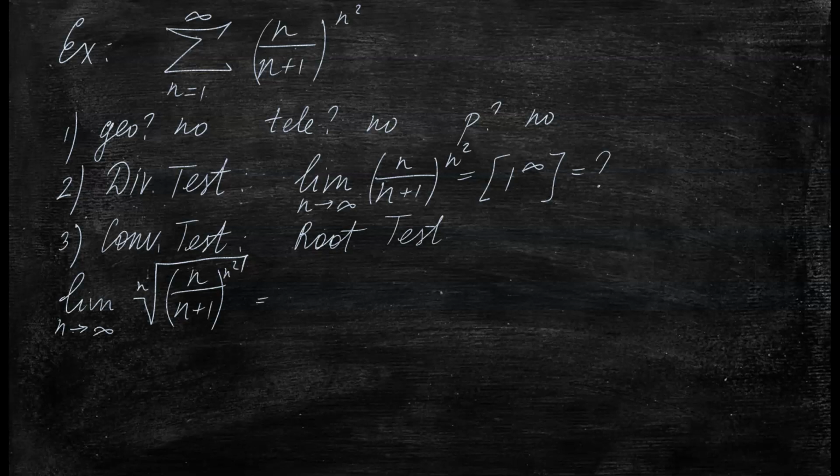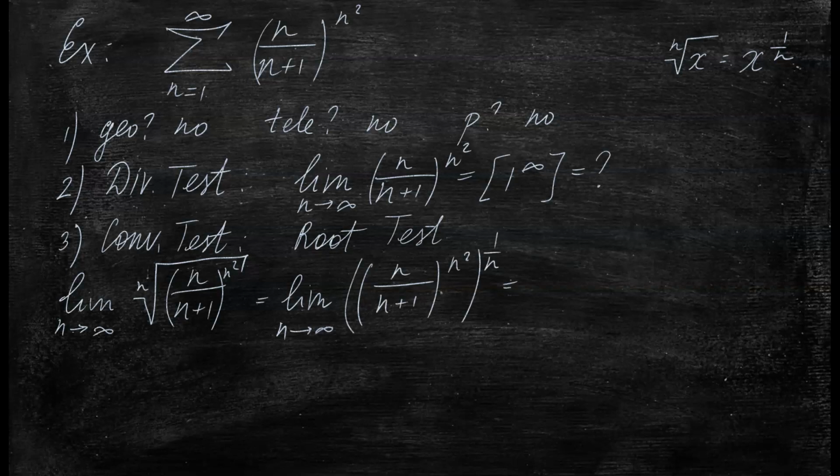But recall that nth root is the same as raising to the power 1 over n. So what we have here is actually (n over n plus 1) to the power n squared, and all that to the power 1 over n, which, if you use the properties of exponents, can be simplified to (n over n plus 1) to the power n.